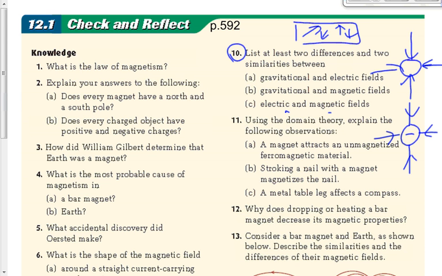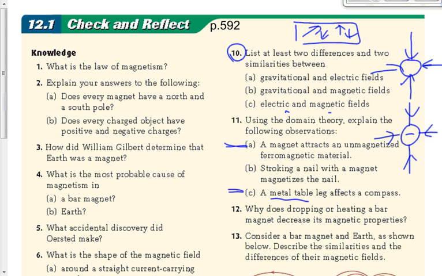Metal table leg affects a compass. Why would a metal table leg affect a compass? Assuming it's a ferromagnetic table leg. Again, it's basically like the answer to question A: a magnet attracts an unmagnetized ferromagnetic material. Well, a compass is a magnet, and the unmagnetized ferromagnetic material here would be your table leg.